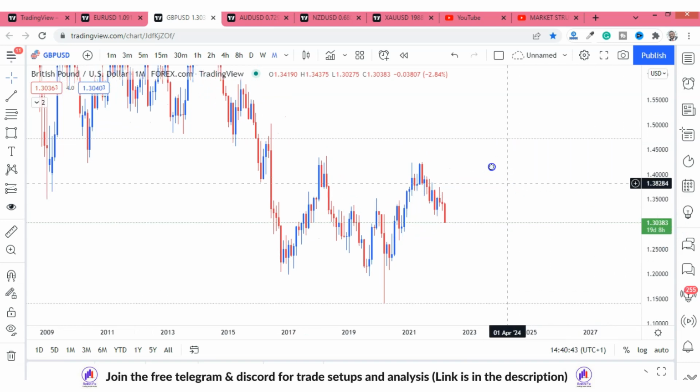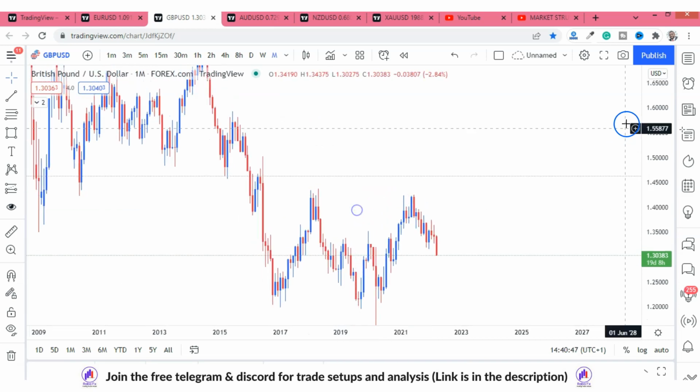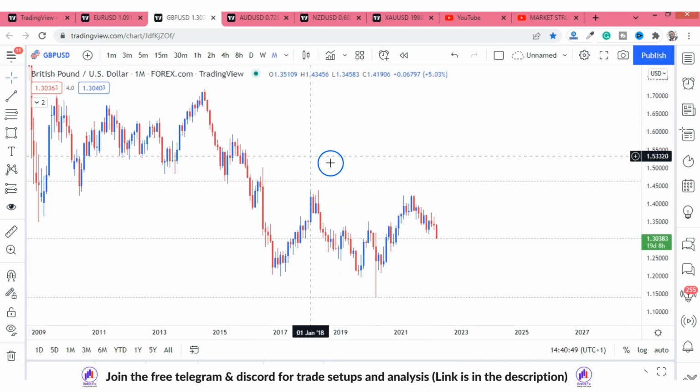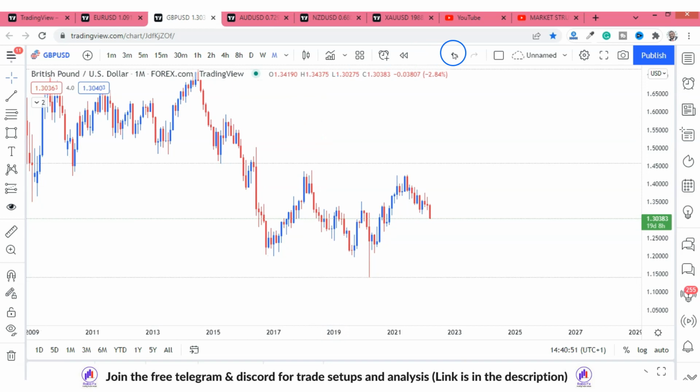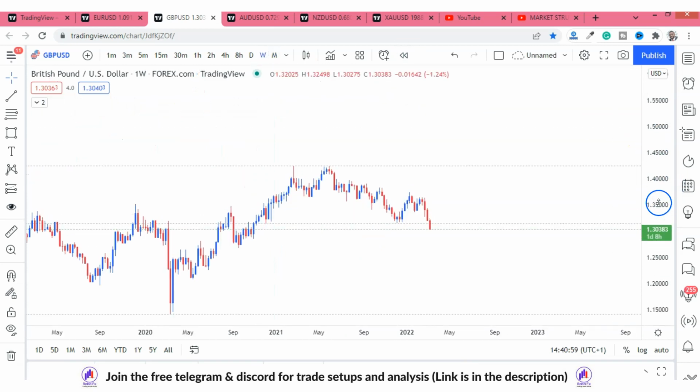So from the monthly time frame, this is for pounds. Let me use the replay tool. Let's see from this monthly.